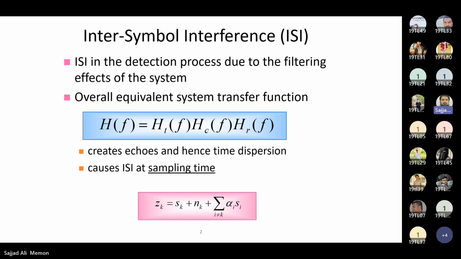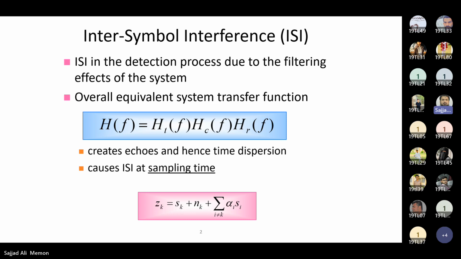As the name suggests, one symbol will be in the time of another symbol. That means one symbol is interfering with another symbol, and ultimately that will cause time dispersion as well as problems with the sampling time.